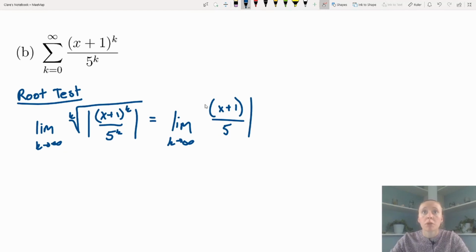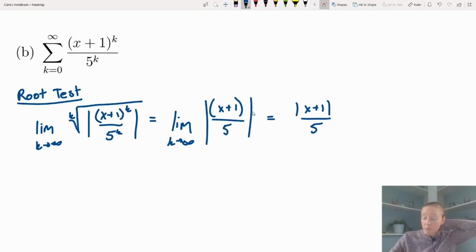And remember, we're doing the absolute value of this. And notice that k is not involved anywhere in here. So our limit is going to be equal to the absolute value of x plus 1 all over 5. Because that 5 is always positive, I'll just put my absolute value around x plus 1.